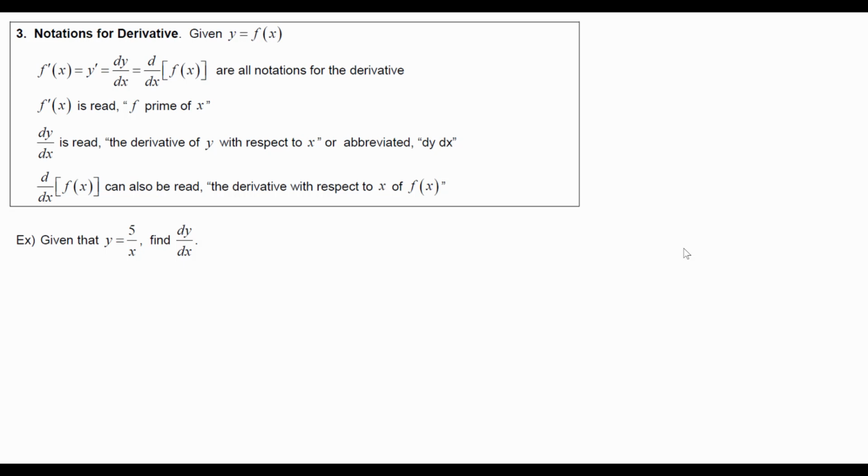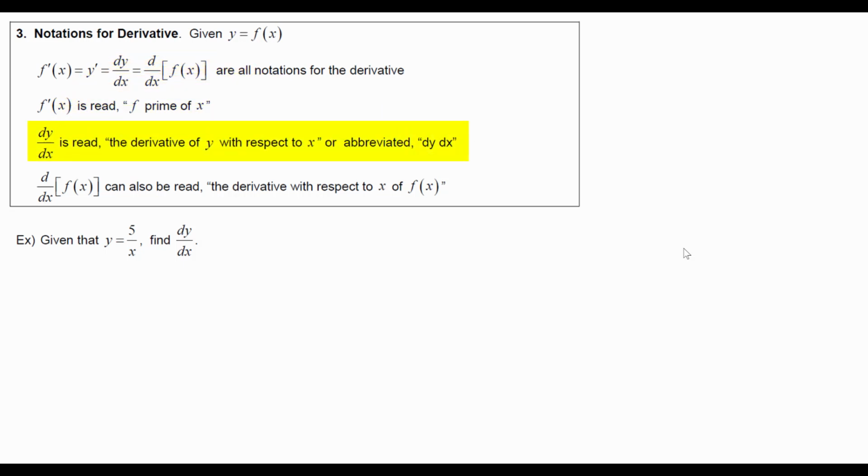Now, let's look at some notations for derivative. Given y equals f of x, we use f prime of x for derivative. We already saw that. And because y is f of x, we sometimes use y prime for f prime of x. That's understood, right? The next two notations are useful when we use different variables or if we have more than two variables.